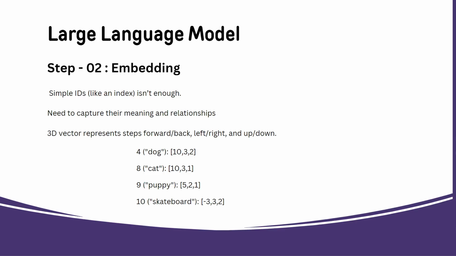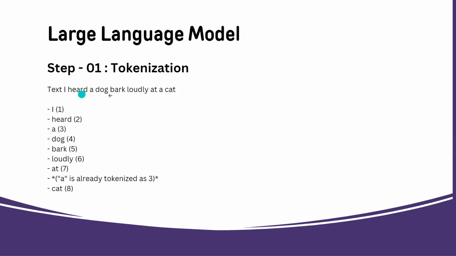Don't worry, I'm not going to explain the complex part, but as for how embedding works, a simple ID is not enough to maintain the relationship between words. For example, if the text says I heard a dog bark, and someone asks after reading it which animal or which bark sound you heard, you can easily say the dog.